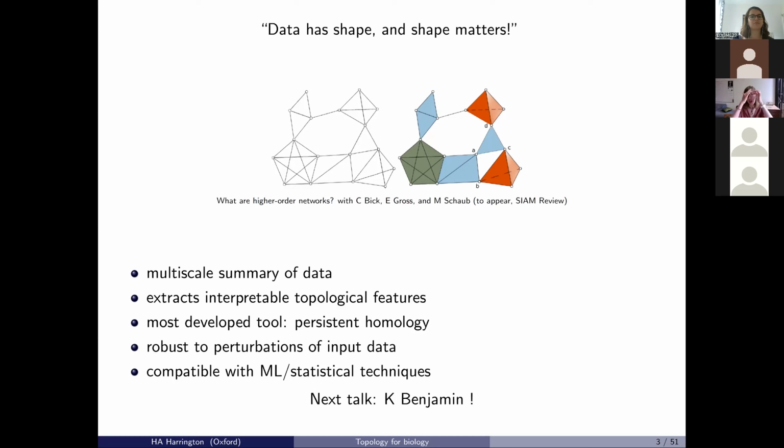Probably the most developed and prominent tool in the field is persistent homology. One of its strengths is that we have a stability theorem, so it's robust to perturbations of the input data, which means that the output just perturbs a little bit. And one of many reasons why you may be interested at a machine learning conference or school is that it's compatible with machine learning statistical techniques.